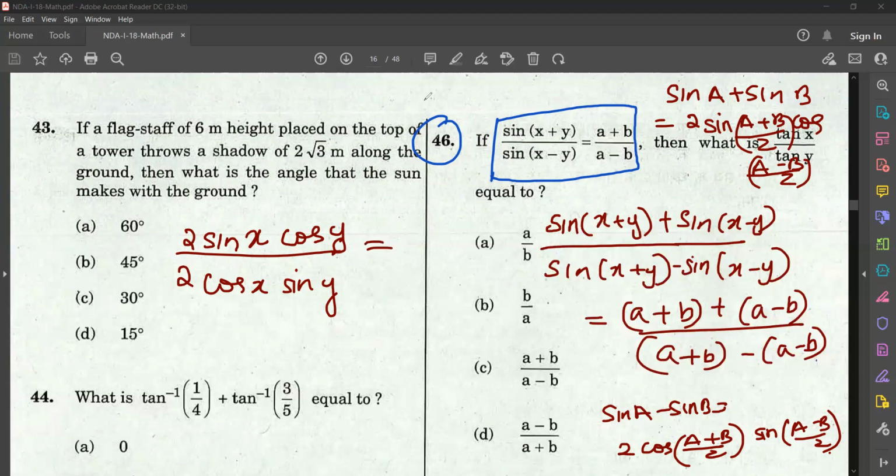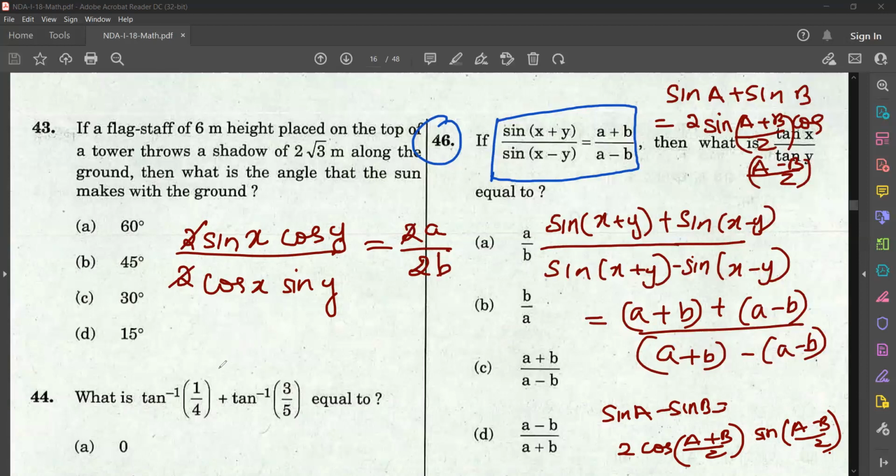Similarly, you have to solve this side also. This side will become 2a divided by 2b. So 2 and 2 get cancelled.